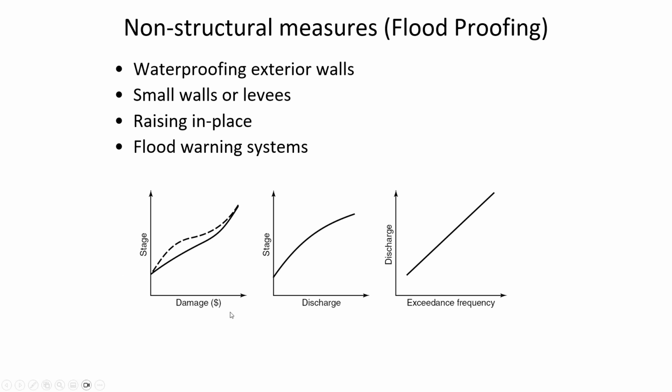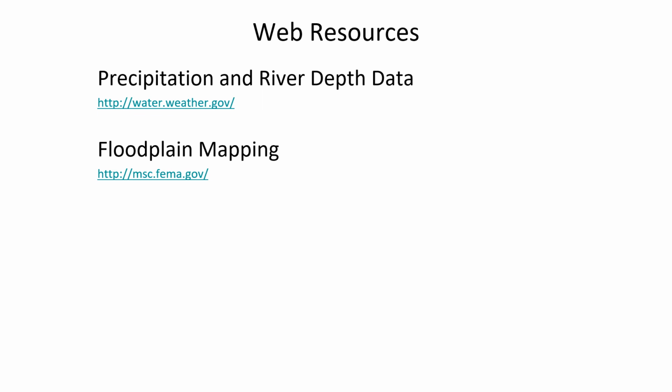So this is a really cost-effective way if you don't have the land for a diversion or a reservoir. And if a flood wall is impractical, you can always do non-structural measures and get cheap reductions in damage, although it's not going to provide complete protection.